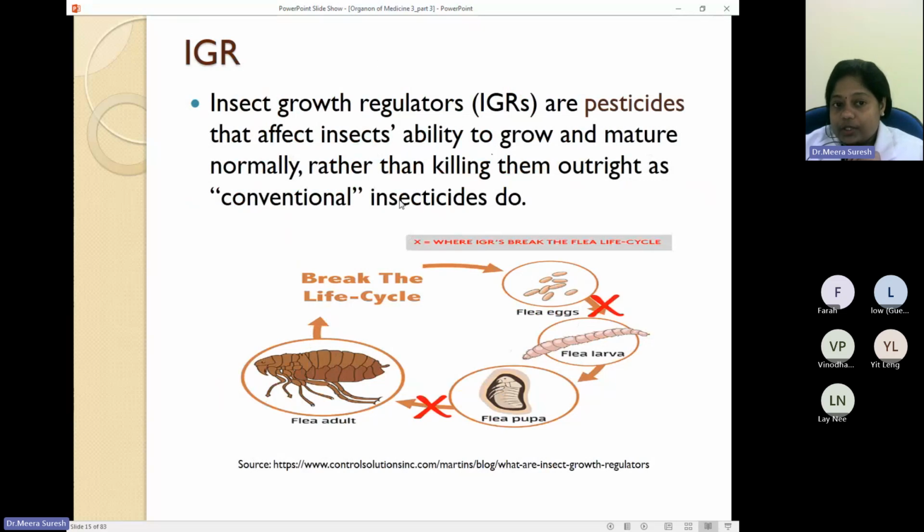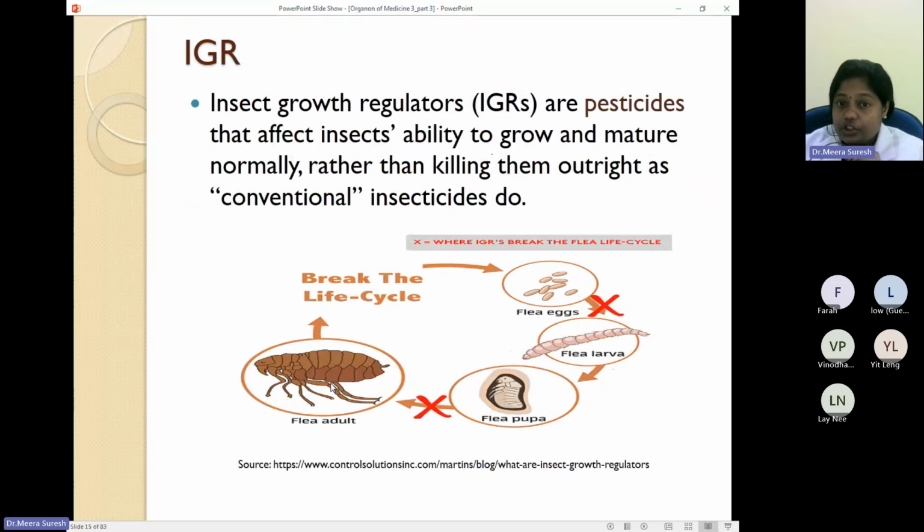If we use this chemical, they are going to break that cycle. Like the flea eggs are not allowed to get converted to a flea larva, or the pupa is not allowed to grow into a normal adult.